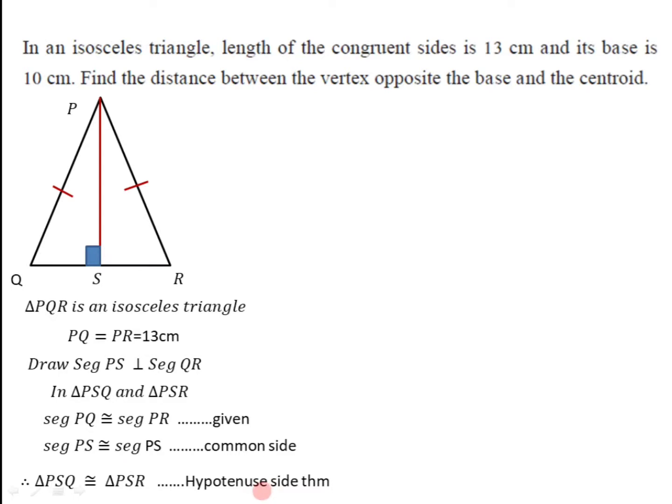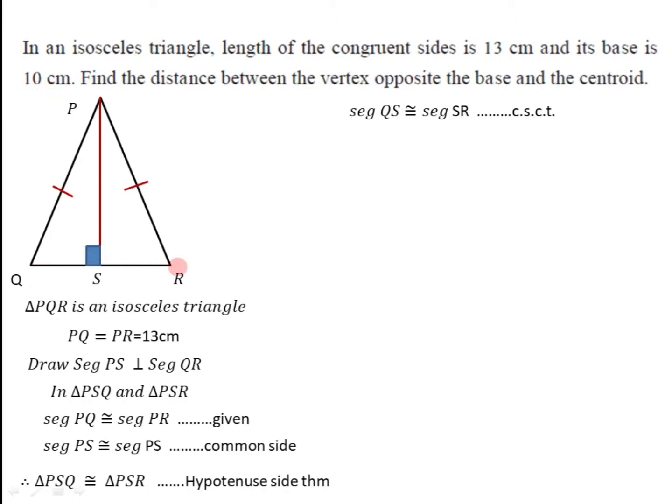And we know that if two triangles are congruent, then their corresponding sides are also congruent. So here, the corresponding side of QS is SR, so they must be congruent. This segment QS is congruent to segment SR as corresponding sides of congruent triangles. Now the length of QR, the base, is given to be 10.